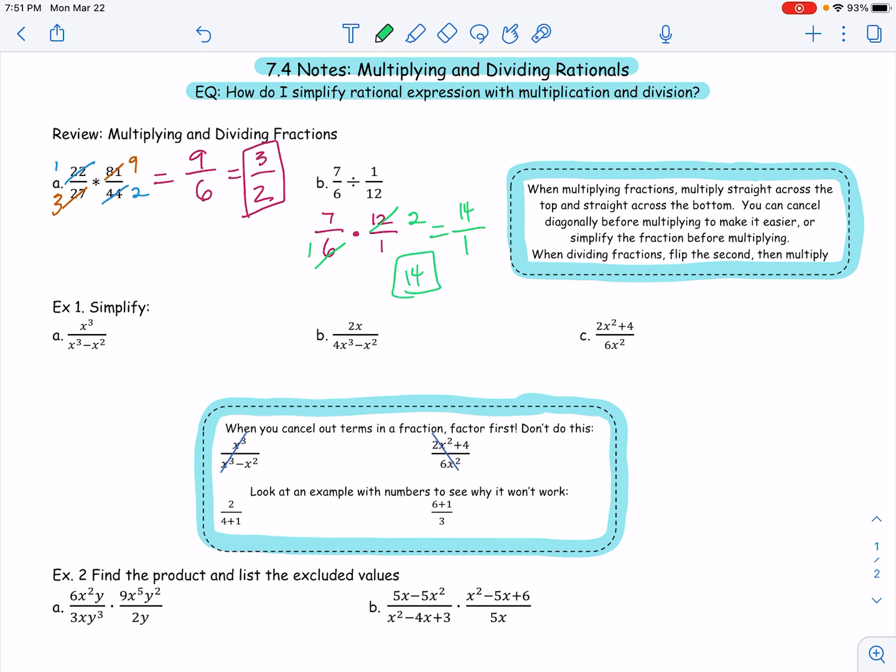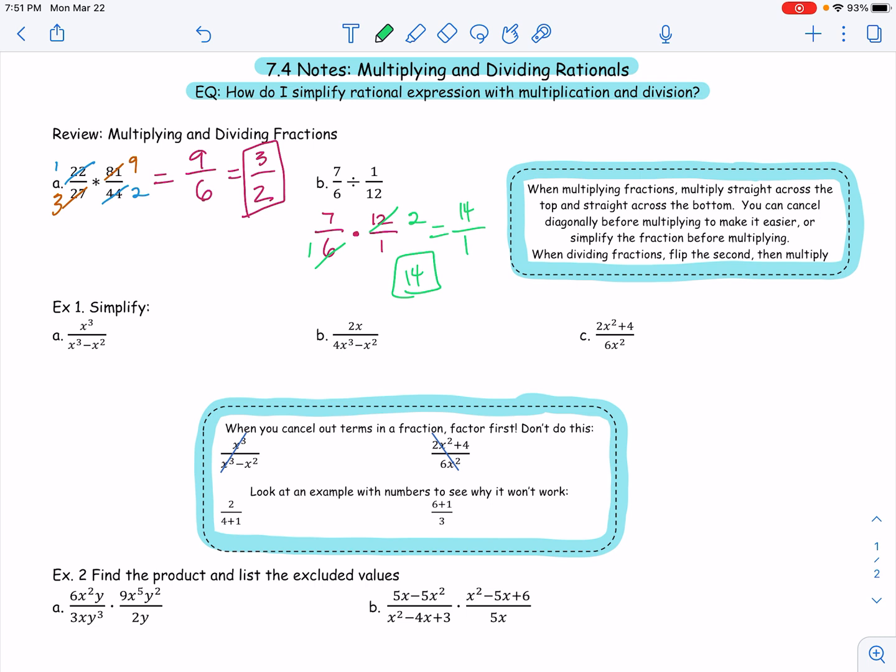Okay, the same exact concept, but now we're going to use those rational functions. Because we want to look at this idea of simplifying, we have to make sure it's factored first. Sometimes it doesn't have to be factored completely, but factoring is definitely going to help us see things that can cancel out.